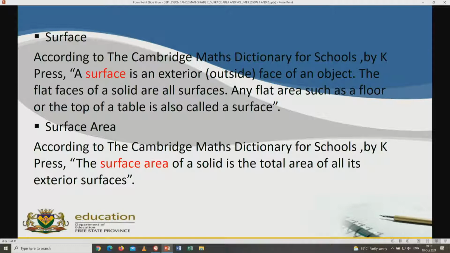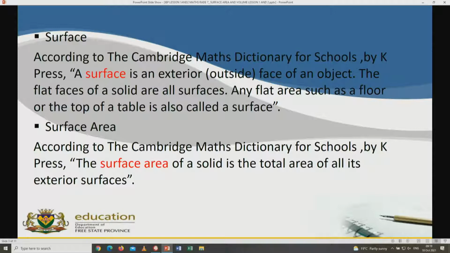I hope all our school libraries or math labs have these dictionaries. According to the Cambridge Maths Dictionary for Schools by K. Press, a surface is an exterior or the outside face of an object, and the flat faces of a solid are all what? The faces.